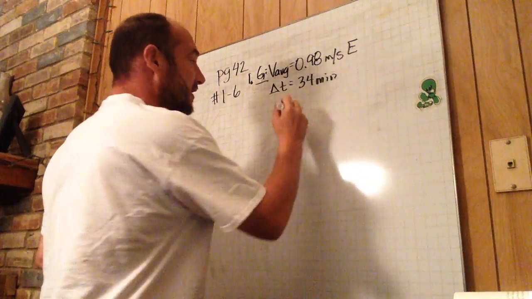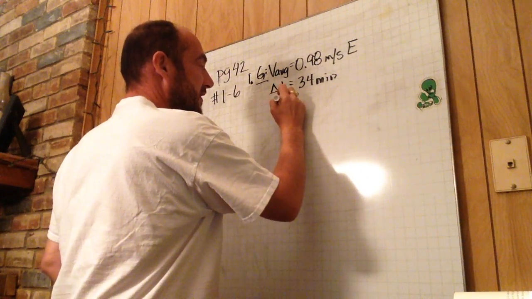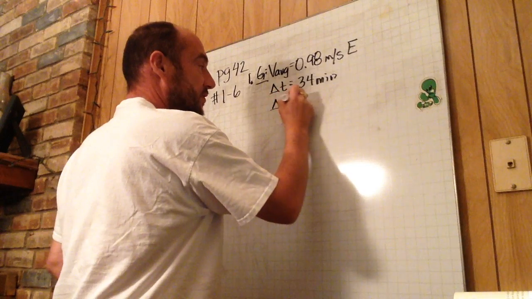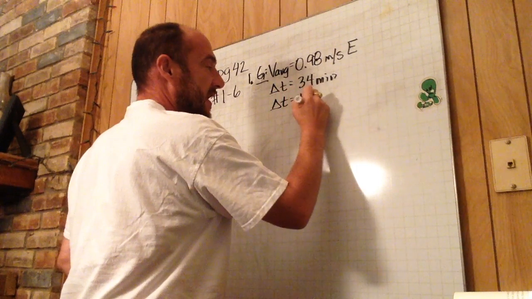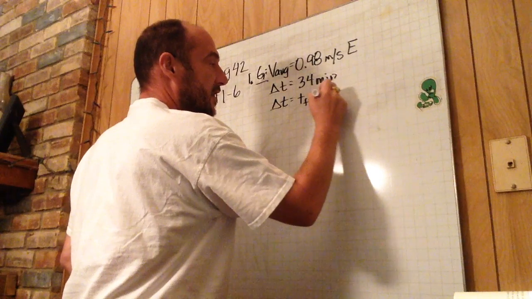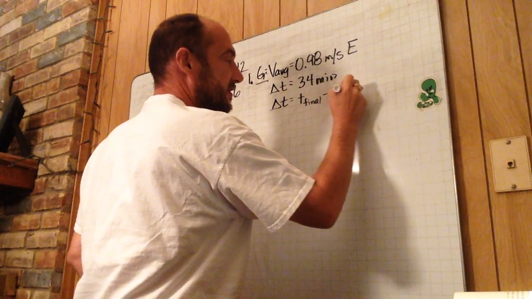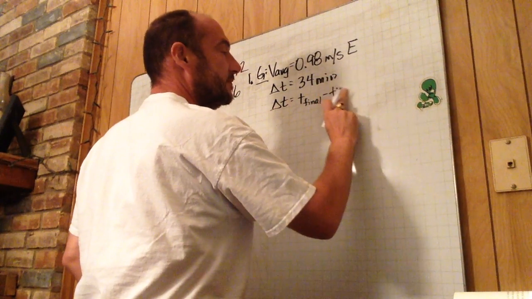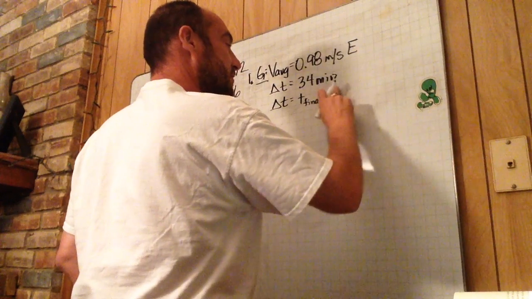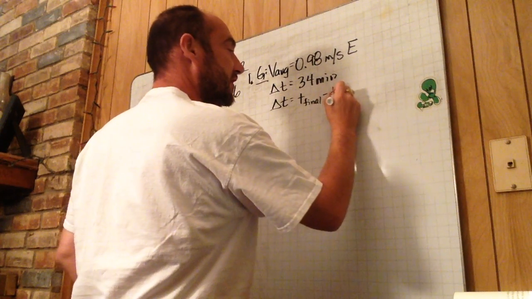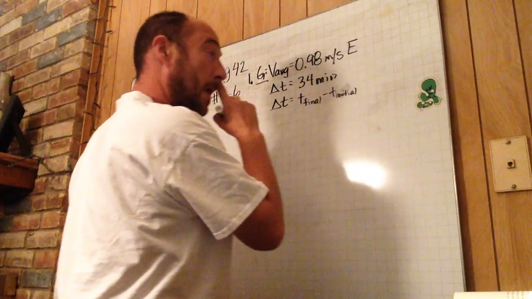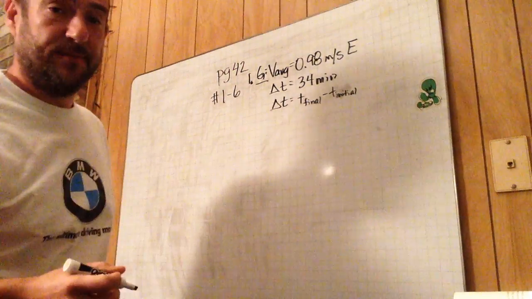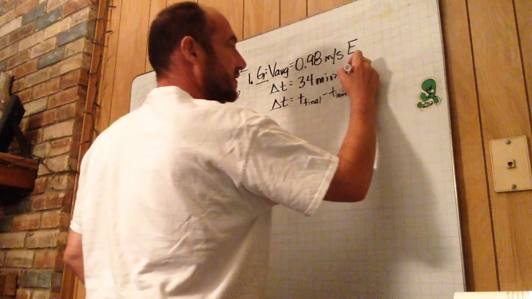Remember, delta anything, in this case it's going to be T, is time final minus time. T stands for the time, so I'll erase that and put initial. So the initial time, we had final time 34 minutes.